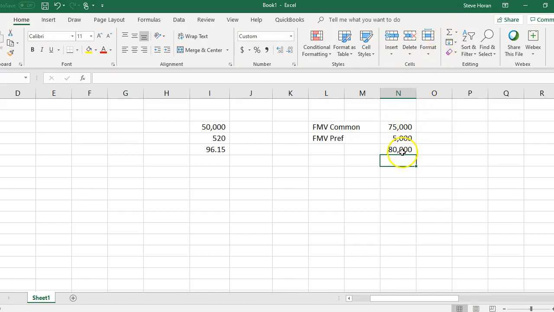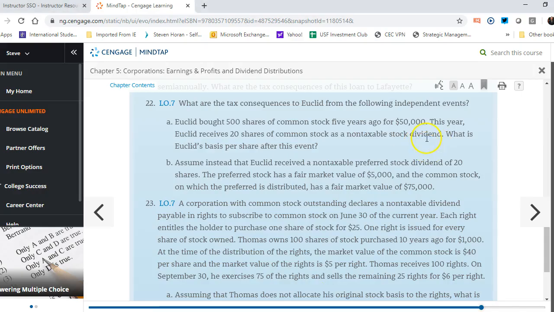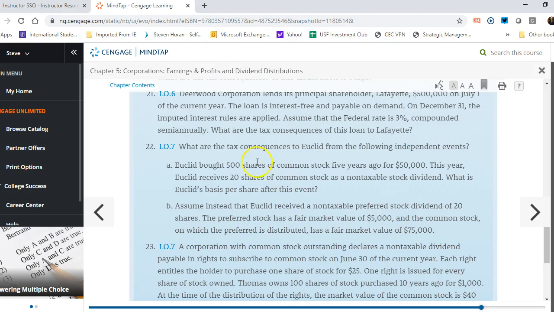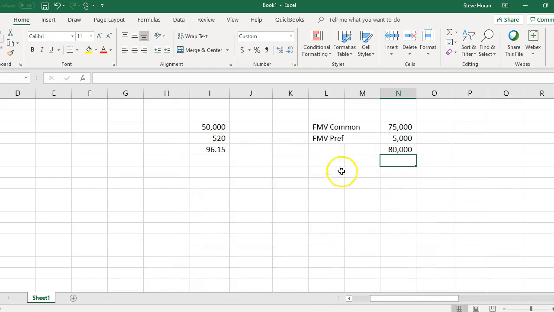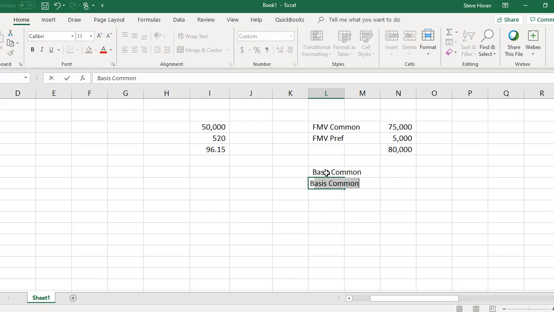Now all I'm doing is allocating that to my basis of 50,000, because that doesn't change. So we still have $50,000 worth of basis on this, and I have to allocate it. My basis of common is 75,000 divided by 80,000, multiplied by 50,000.